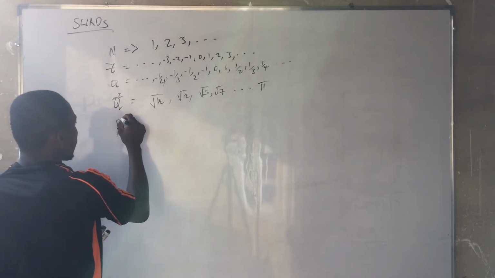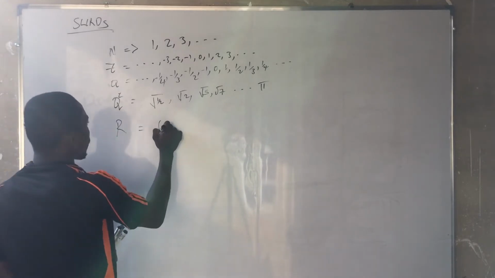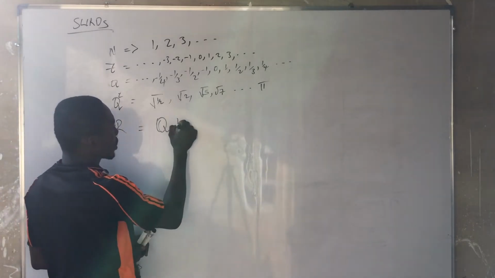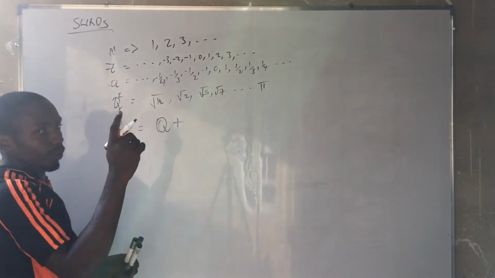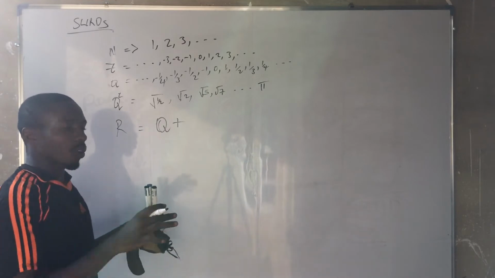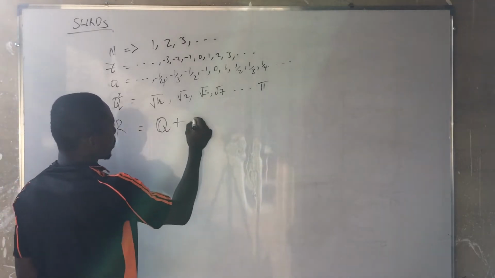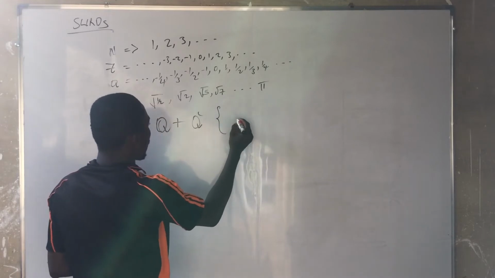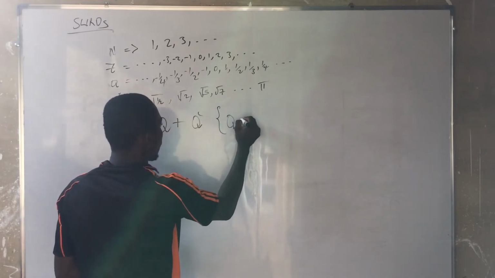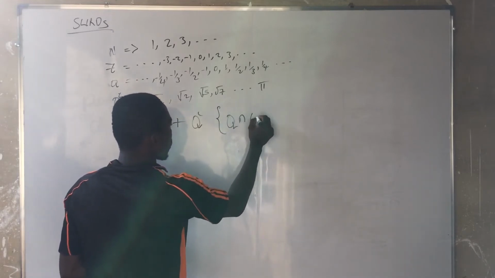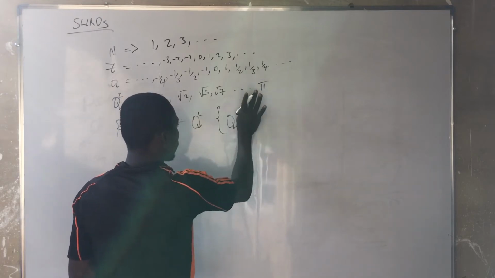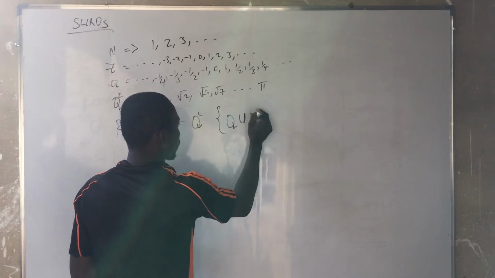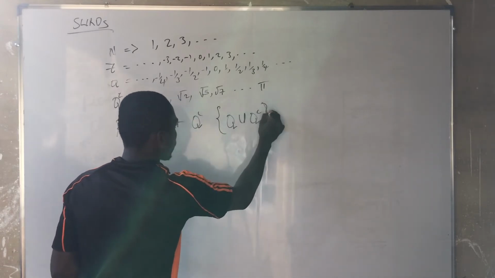The last one is the real numbers, which comprise the rational numbers, this is not plus, it's the union, irrational numbers.